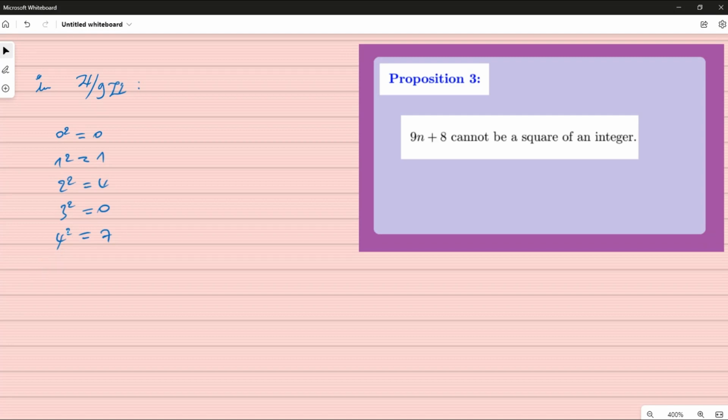It's not necessary to compute the squares of the others because, for example, the square of 5 is the same as the square of 4 because their sum is 9. So this implies that x squared can be 0, 1, 4, or 7.